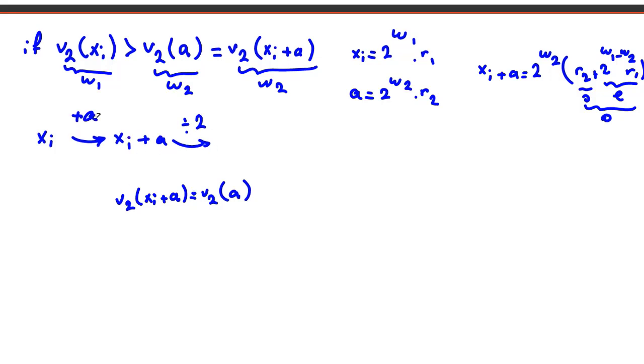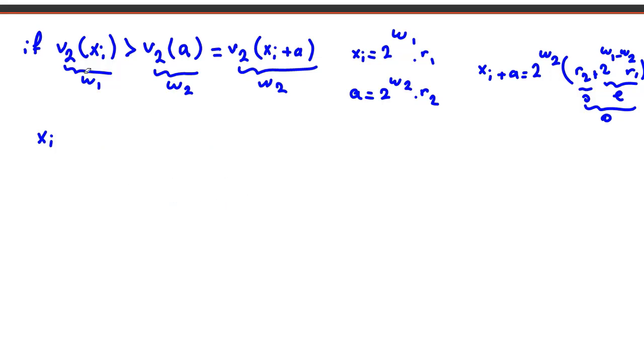So let's do something else. Alice doesn't do anything. Suppose v2 of xi is greater than v2 of a. Alice only adds a to other numbers. Eventually, because Bob wants to reach a state where all numbers are odd, Bob should divide xi by 2.